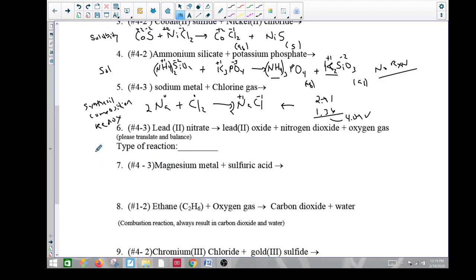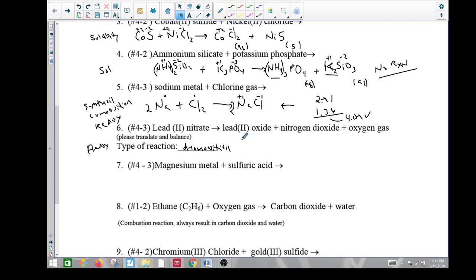But it's also a form of a redox reaction. Doesn't really matter at this point. All we're going to do is decomposition. So they give you everything here. So this reaction is just an exercise in translating.